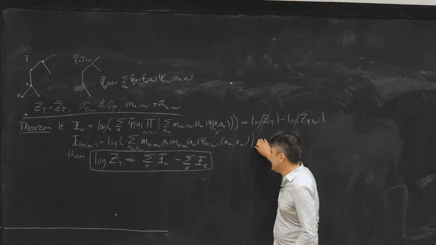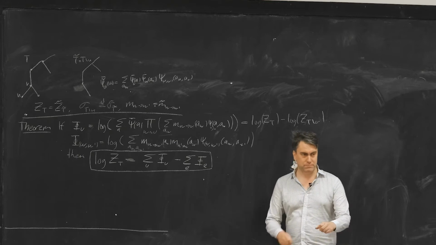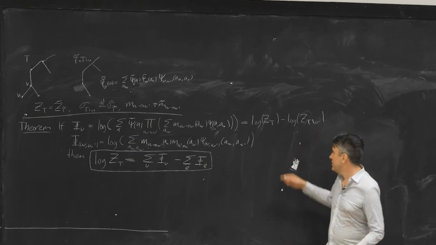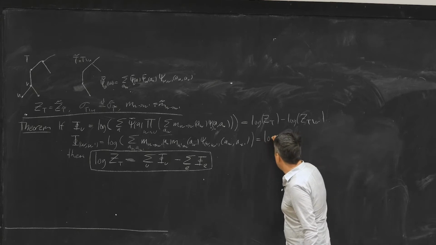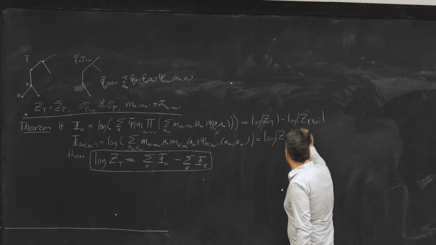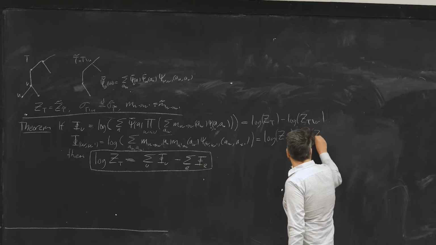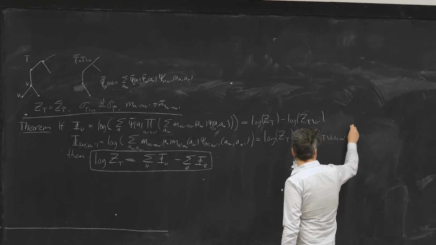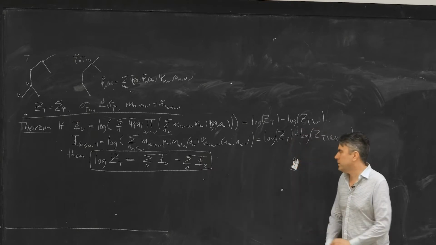And the second one is what you get if you rip the edge w w prime out of the graph, how the log partition function changes. So we keep the vertices, but we just remove the edge.